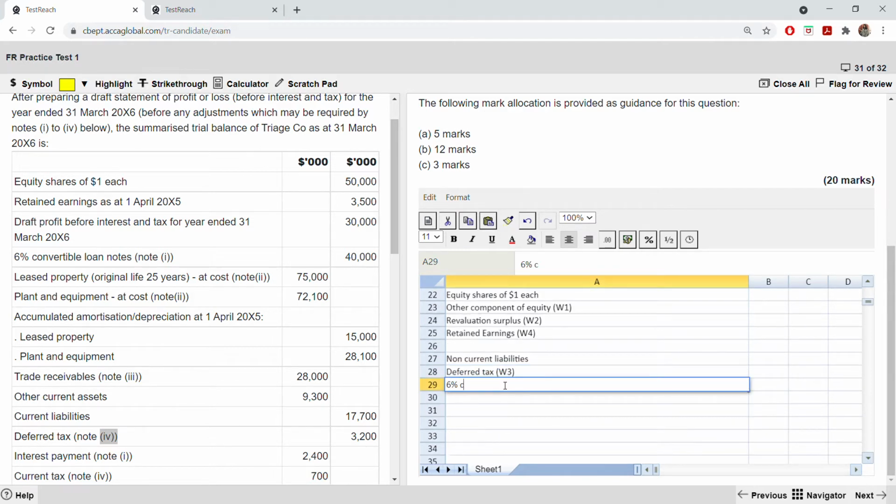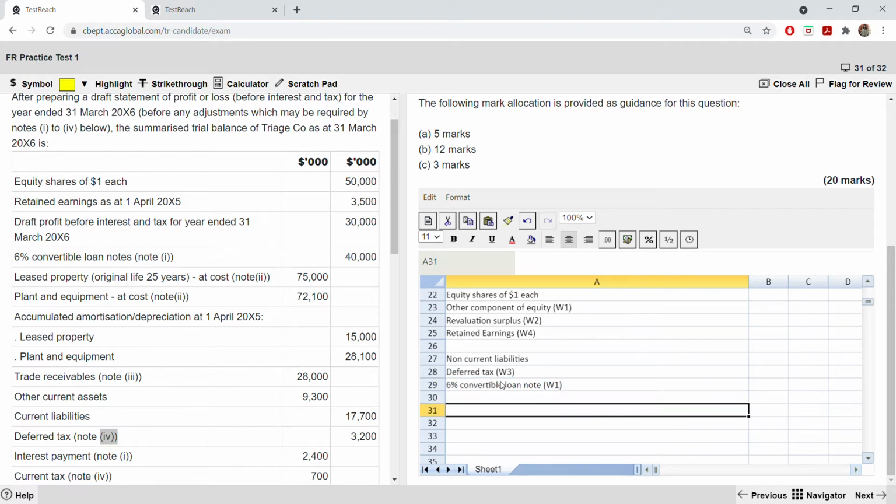6% convertible loan note, working 1. Then we have the current liabilities. I can keep a space.